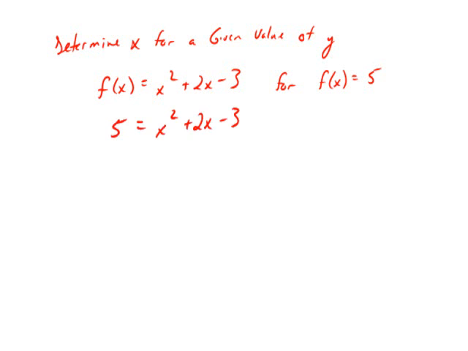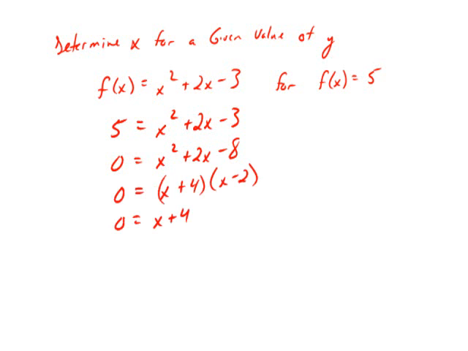Let's solve this equation. I can subtract 5 from both sides, getting all the terms on the same side. It's quadratic, so I can solve by factoring or the quadratic formula. In this case, I'll factor it, setting each factor equal to 0, and solving.